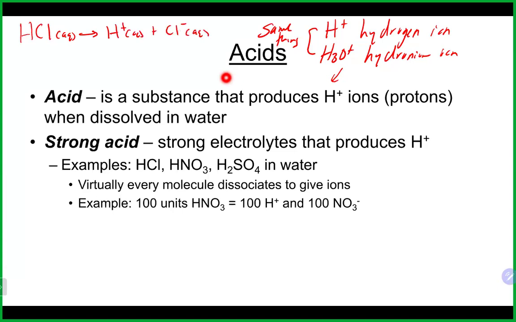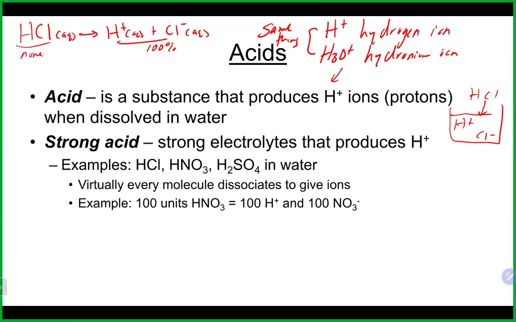And this is the sort of equation that demonstrates basically this process. You dump some HCl into the solution, you get H plus and Cl minus, basically it breaks apart. Now, you get 100% of this, like we talked about with strong electrolytes. You have none of these guys still together in the solution.